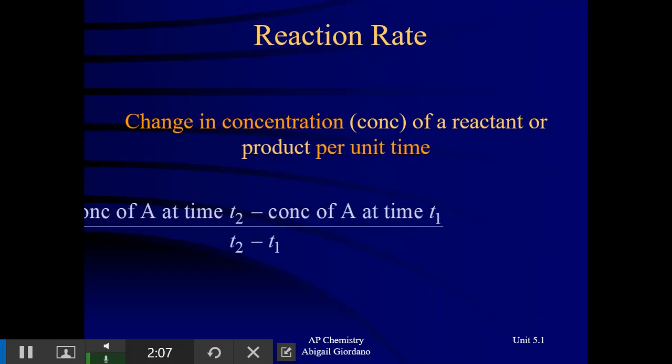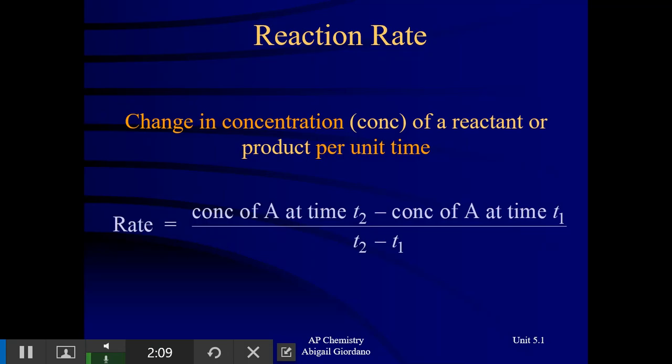The way that you do that is by measuring the change in concentration, so the change in molarity of a reactant or a product, either way, per some unit of time. That's how you measure how fast or how slow a chemical reaction is.